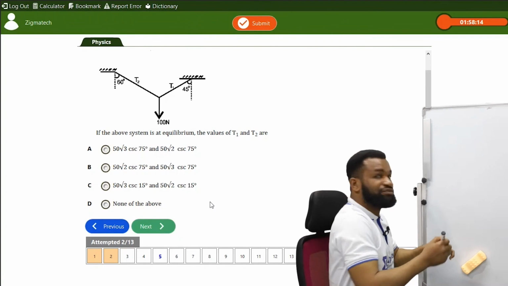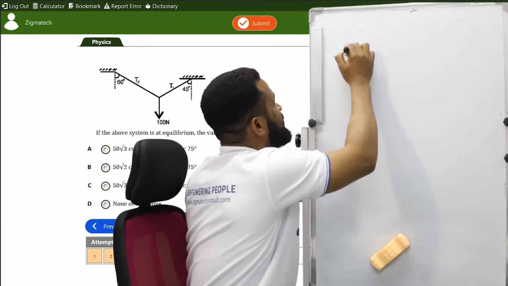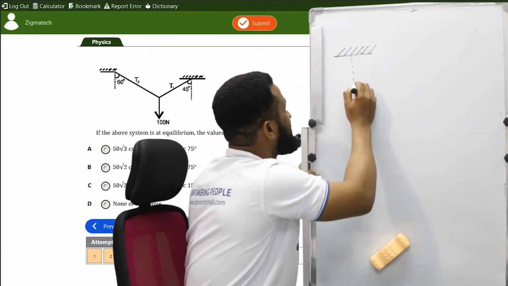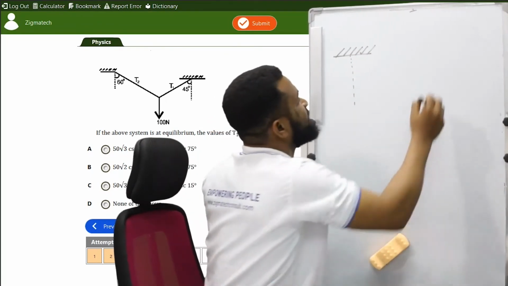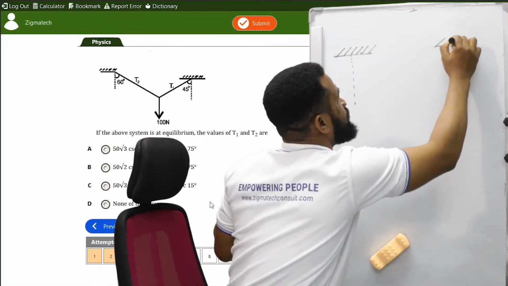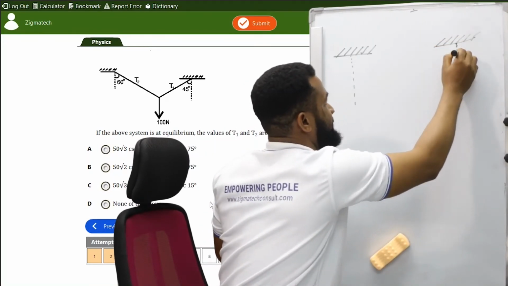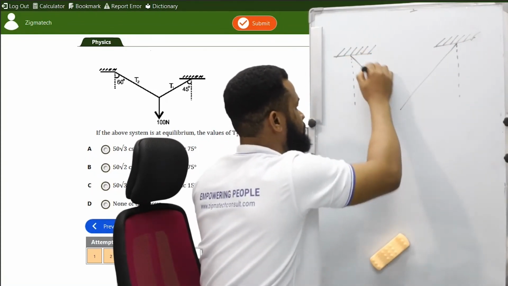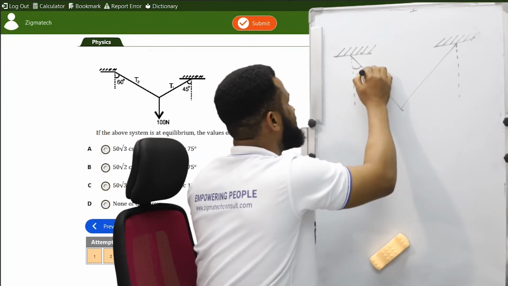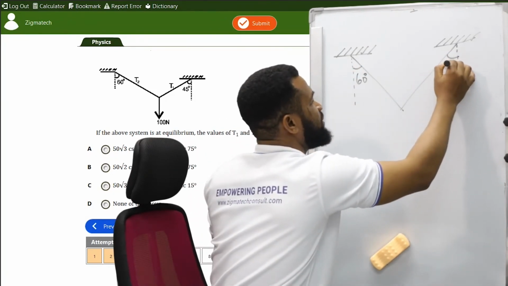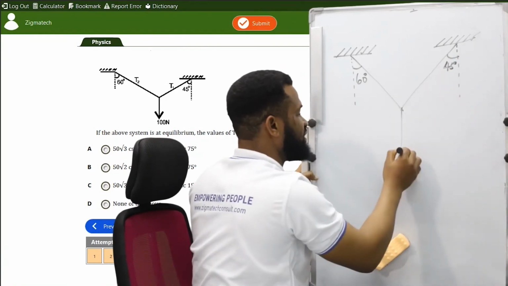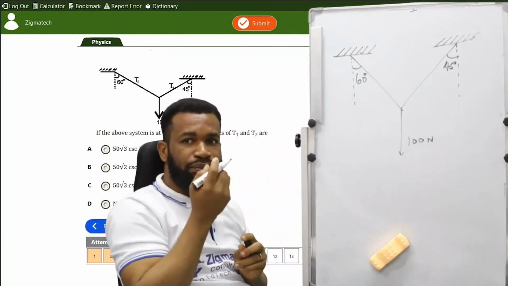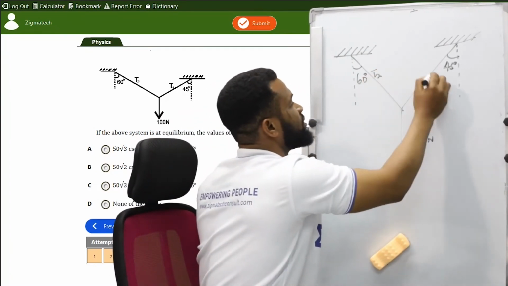We have this is 60 and this is 45 degrees, and this is a weight of the body they are holding, 100 Newton, and this is T2 and this is T1.